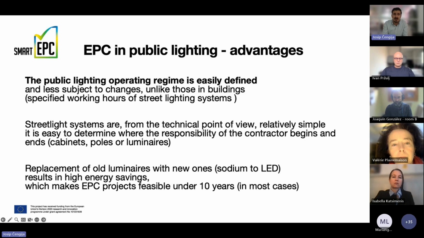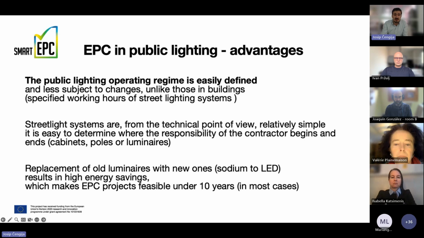When you have buildings, they can be quite complex, with complex installations. It can be quite difficult to define responsibility for functionality of the whole building if you didn't give the whole building to the ESCO company to manage and operate. This is why public lighting is a simpler infrastructure for EPC to be used in.